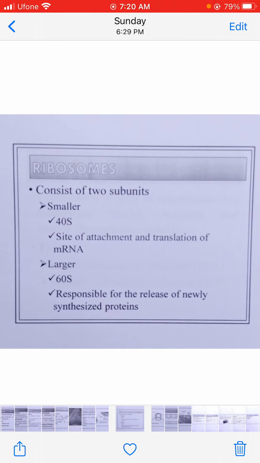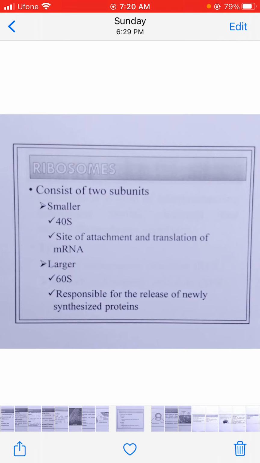These ribosomal subunits are different in prokaryotic and eukaryotic cells. In the case of prokaryotes and eukaryotes, they are of different sizes, and their sizes are based on their sedimentation coefficient. It means when these ribosomes are separated, the weight is based on their separation.